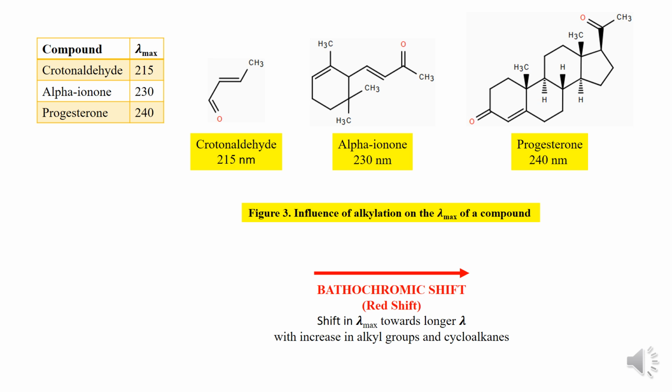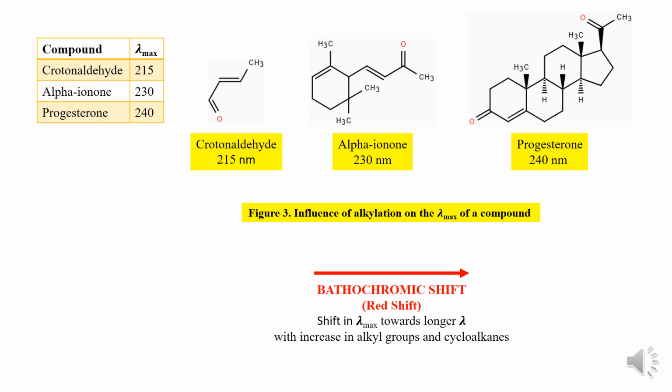When you observe the structure of progesterone, now progesterone is a steroidal drug. It has 4 cyclic rings or cycloalkane rings, that is 3 cyclohexane rings and 1 cyclopentane ring. So all the 4 rings are fused together, resulting in a steroidal skeleton, that is cyclopentanoperhydrophenanthrene.